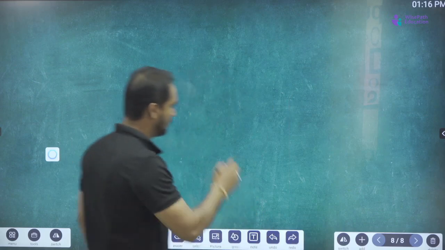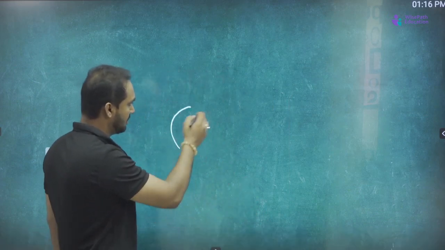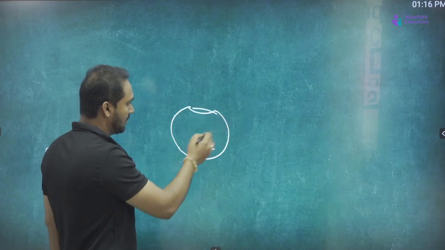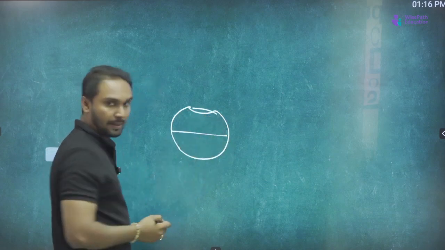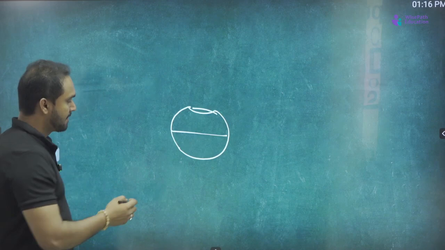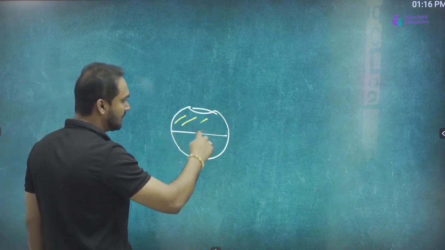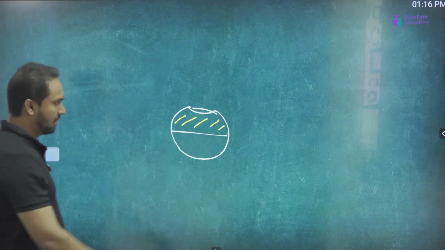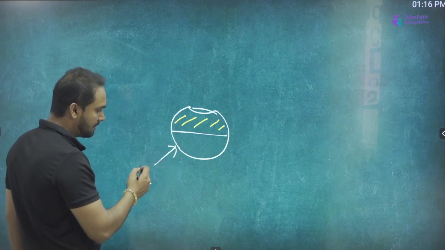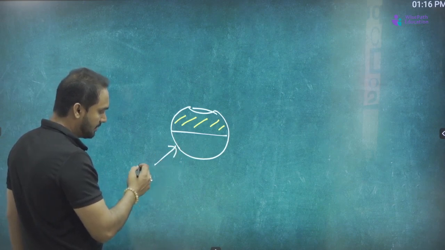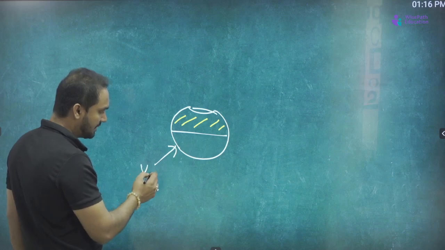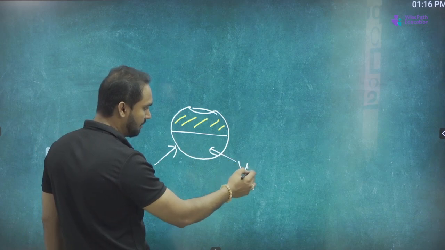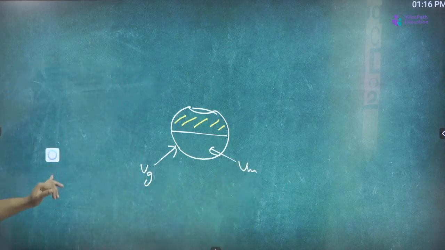So now let's say this is the pot or something, right? And this is mercury, right? So this is the remaining volume, empty space, yeah? The volume of the vessel is Vg, the volume of the mercury is Vm, and even the expansions are given, right?